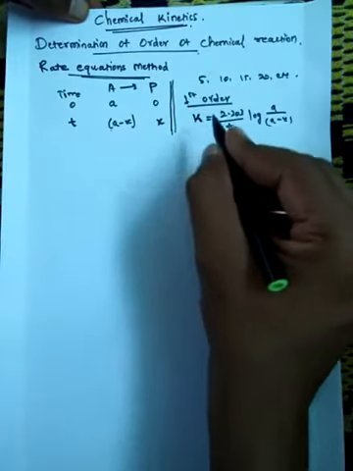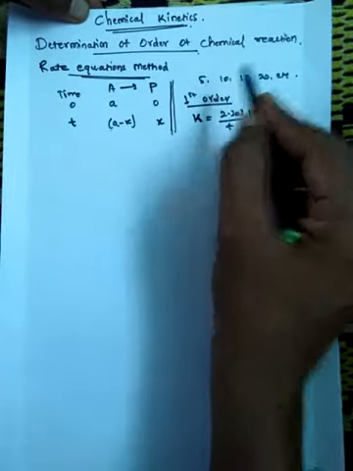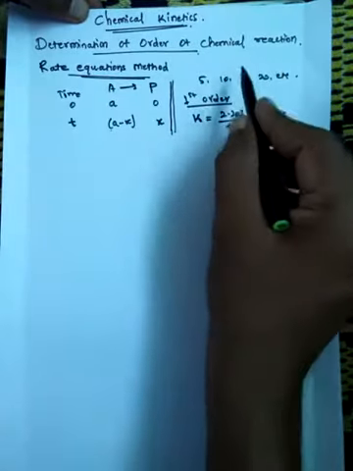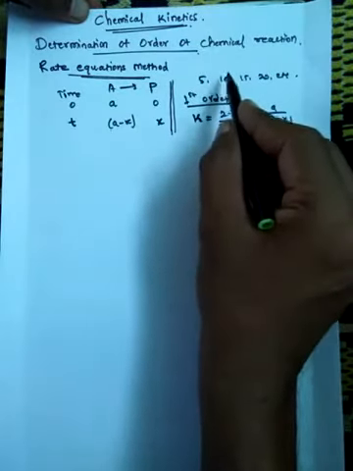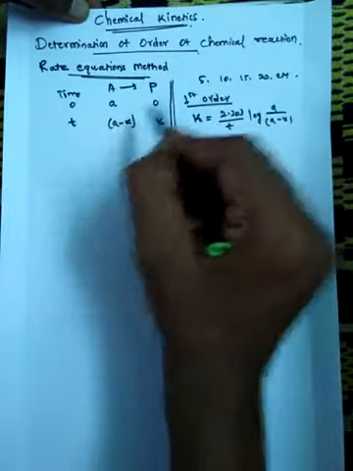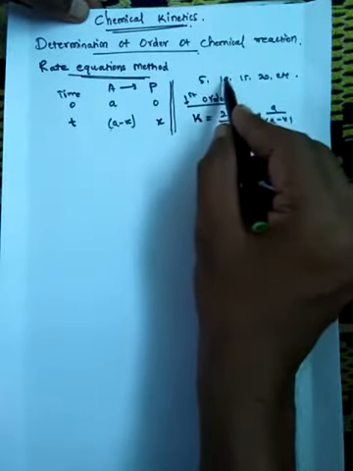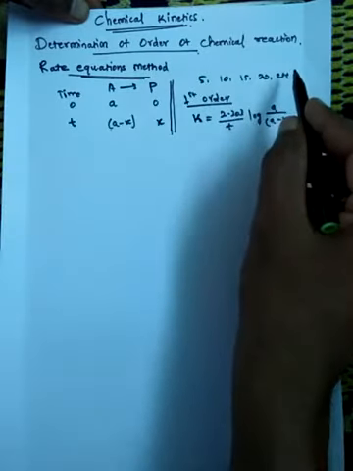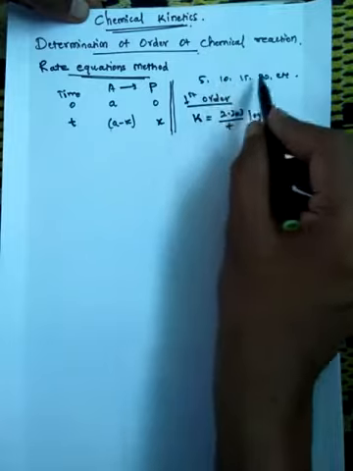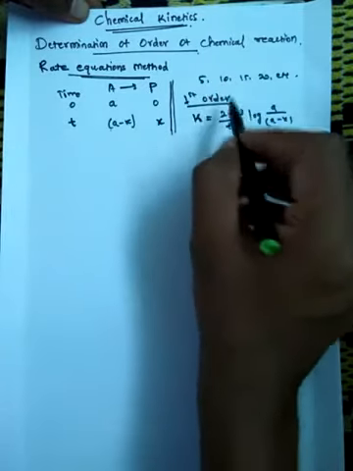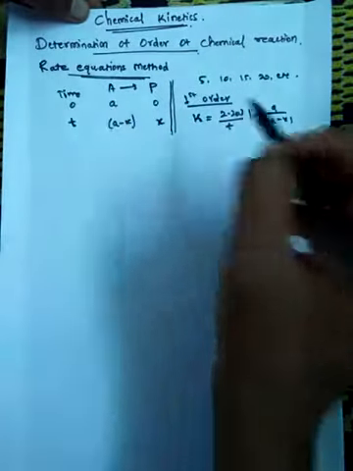The same way I'm going to find out the k value at the 10th minute and the k value at 15 minutes. So I experimentally found the a minus x value, that is unreacted molecule, at various times, that is 10th minute, 15th minute, 20th minute, and 25th minute, etc. All these times I'm going to substitute the time and the a minus x value. The a is initial concentration, which is known.